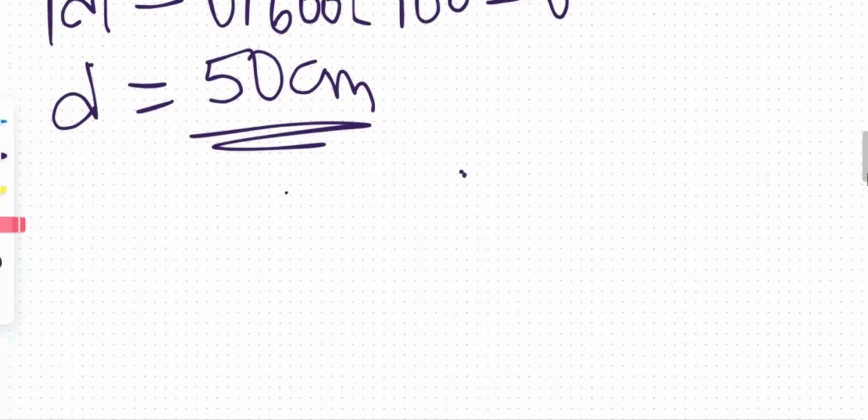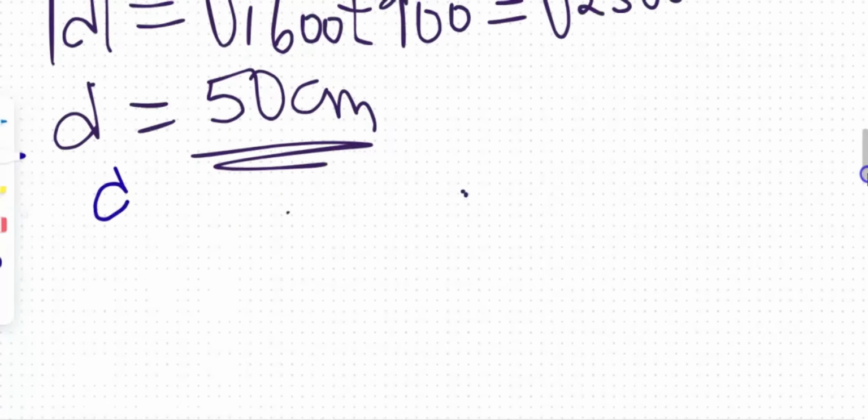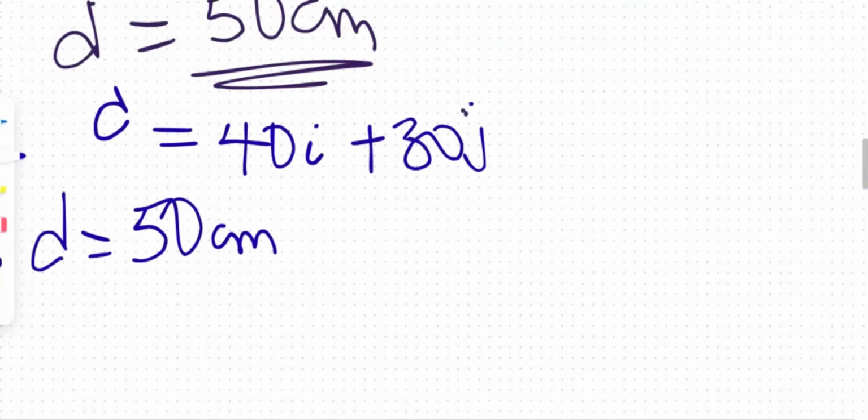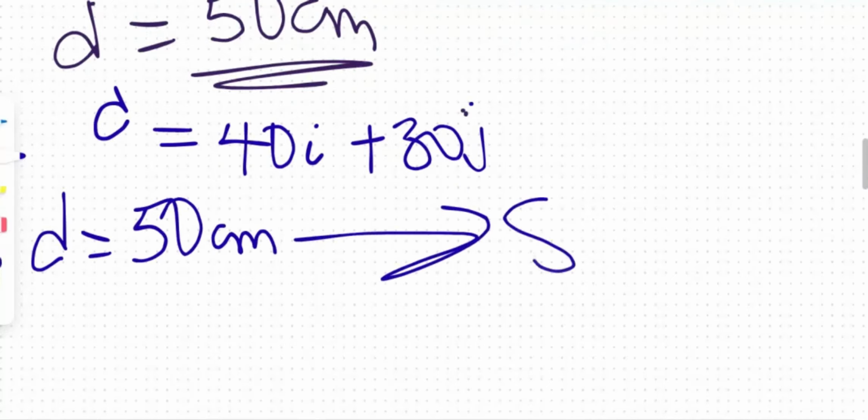And we know that d was 40i plus 30j, and that was how we derived this 50 centimeter. Now it wants to go further, to 80.